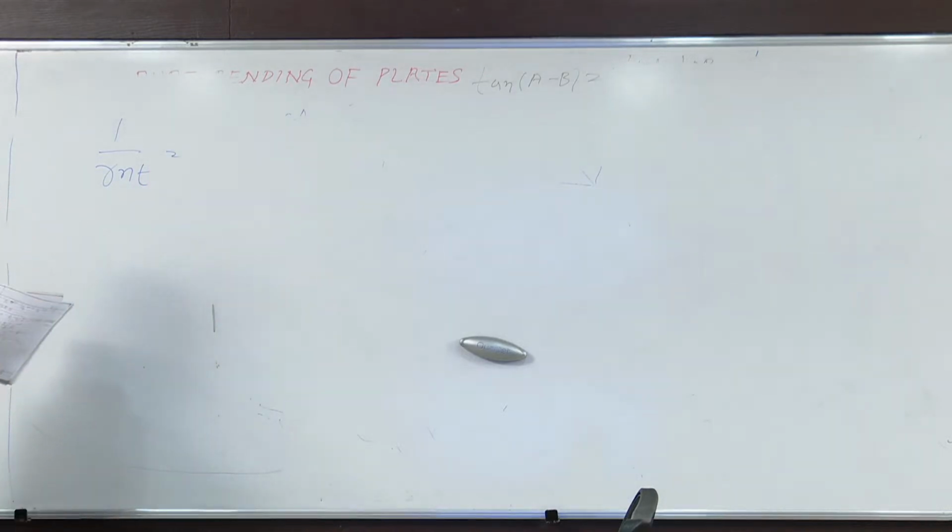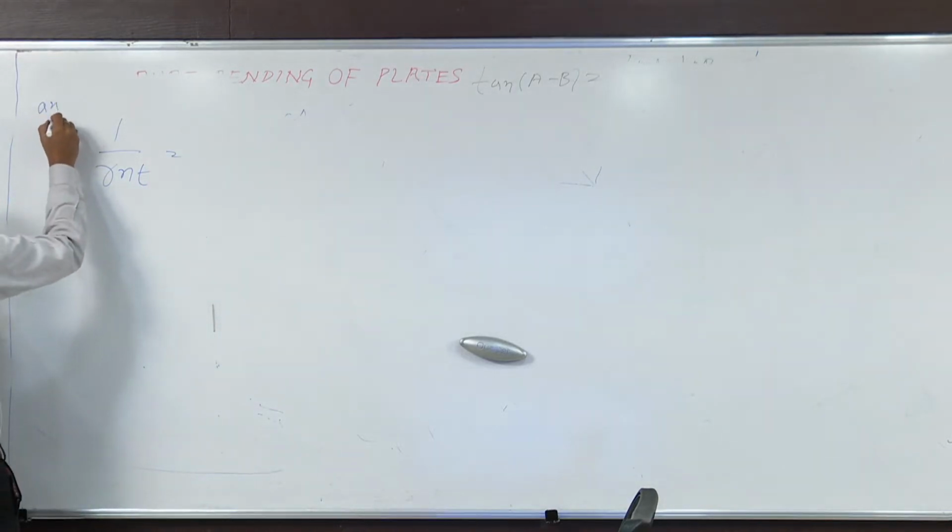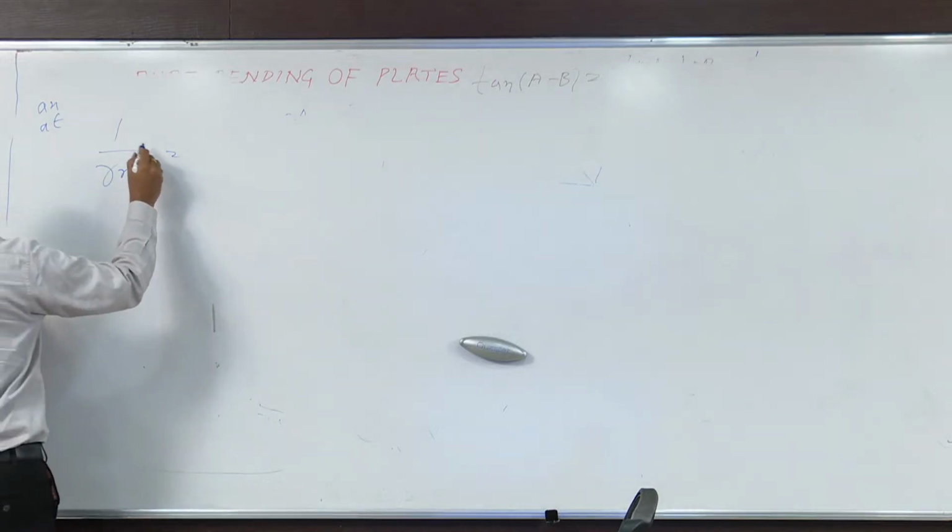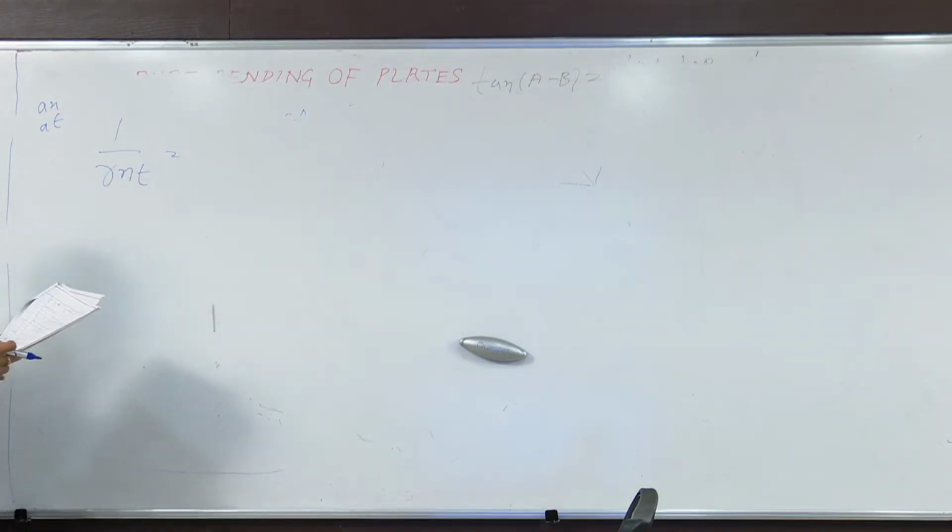Now, for a twist in the an and at direction, it is 1 upon Rnt.